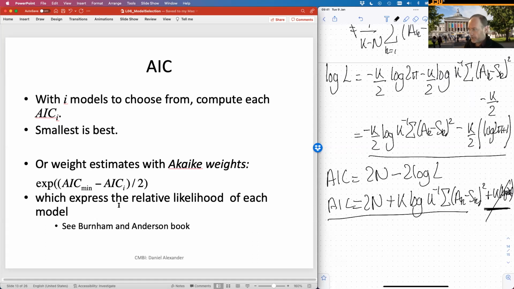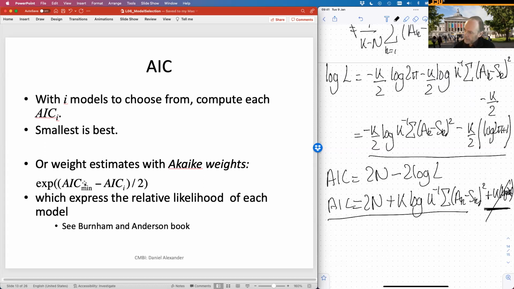There's another advantage. So although the simplest mode of usage of the AIC is, as I said at the start, we just evaluate the AIC for each of the candidate models and pick the one that has the smallest. But there's another really useful mode of usage, which expresses the relative likelihood of each of those models. And it does that through this idea of Akaike weights.